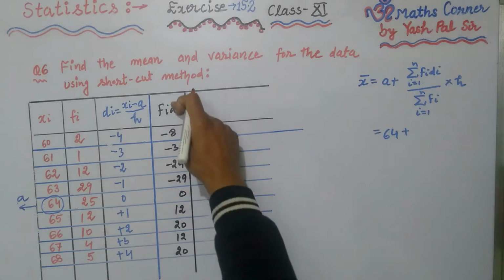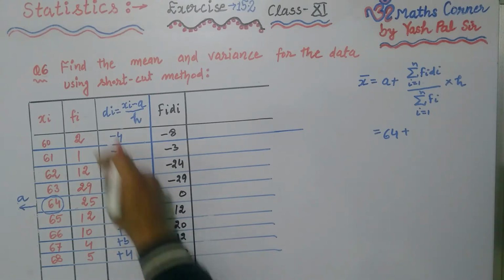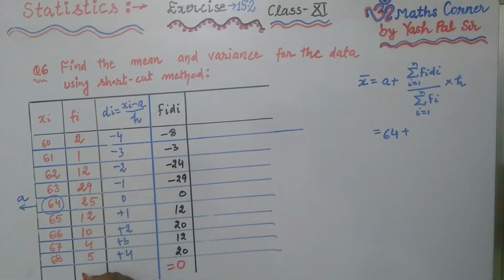Now we also find the sum of fi di, this column. The sum is 0. Also the sum of fi, this is 100.